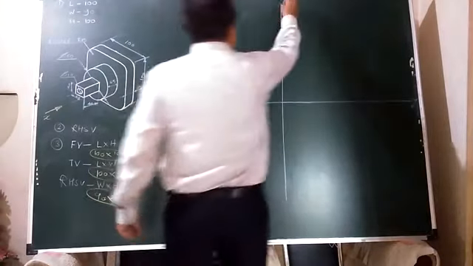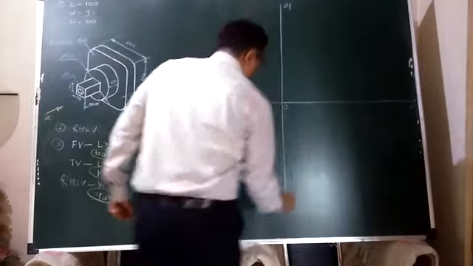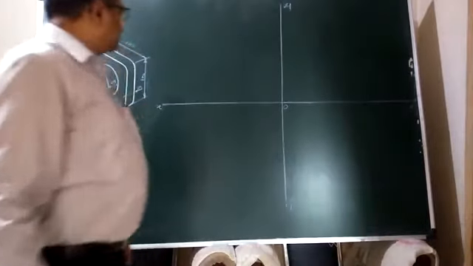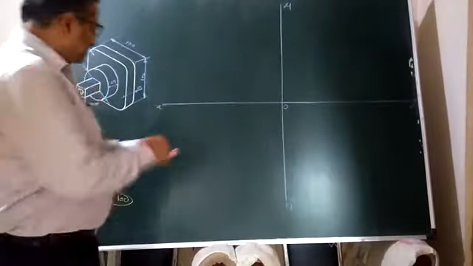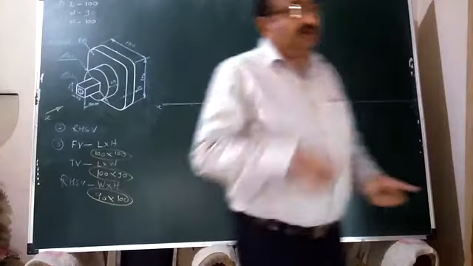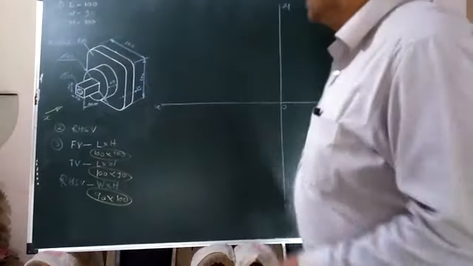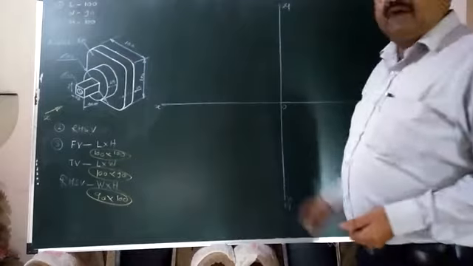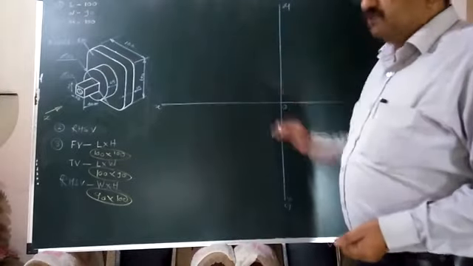So X1 O Y1 is the vertical reference line, XOY is the horizontal reference line, and again by the first angle method of projection we are going to construct. So the vertical plane will be above the XY line, and the horizontal plane will be below the XY line.